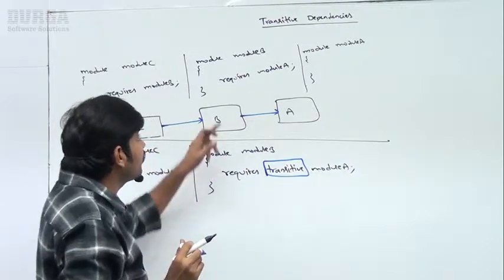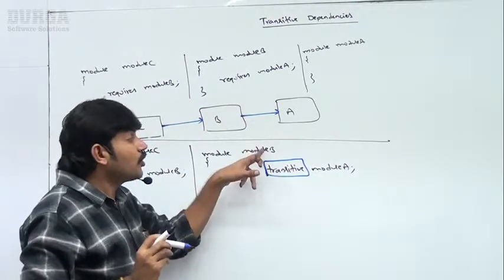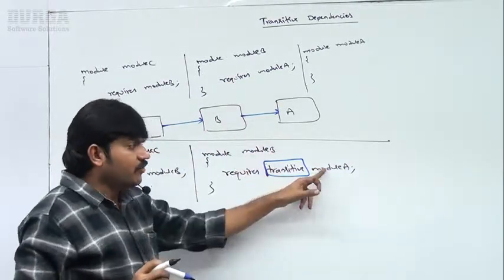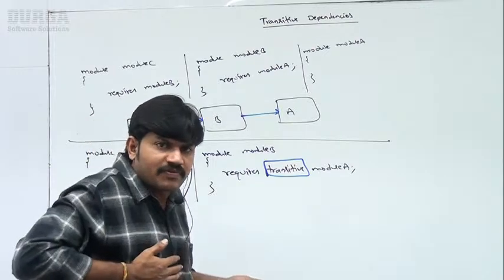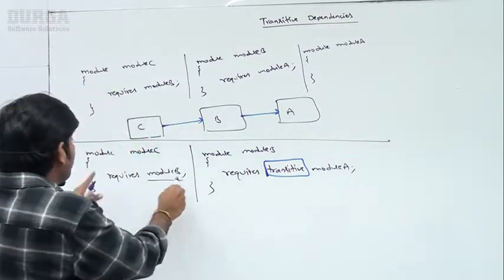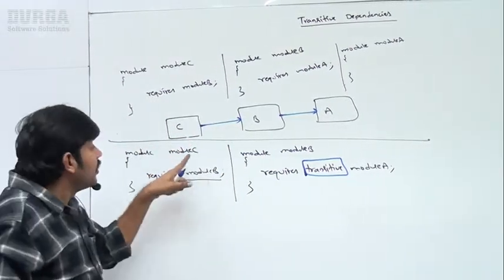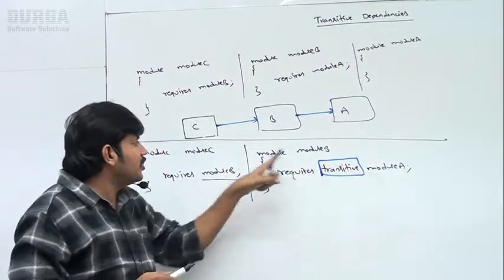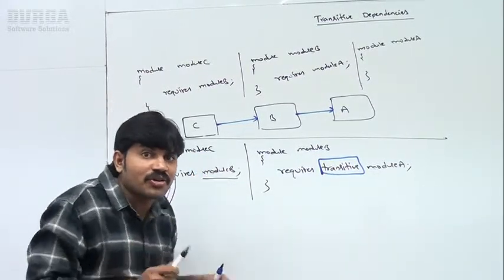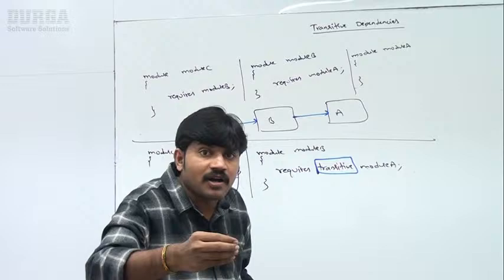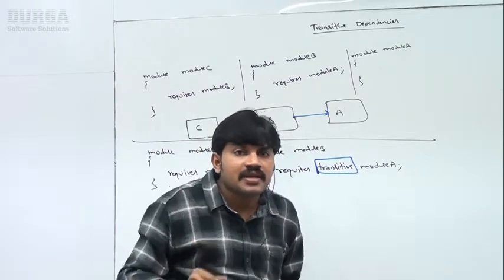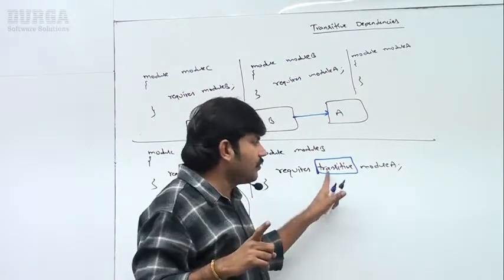This is the difference between this one and this one: transitive. Module B is telling, I want module A not only for myself. If any other person is going to ask me, that person also automatically gets this module. Such a type of implied readability is nothing but transitive. Remember that, sir, okay?